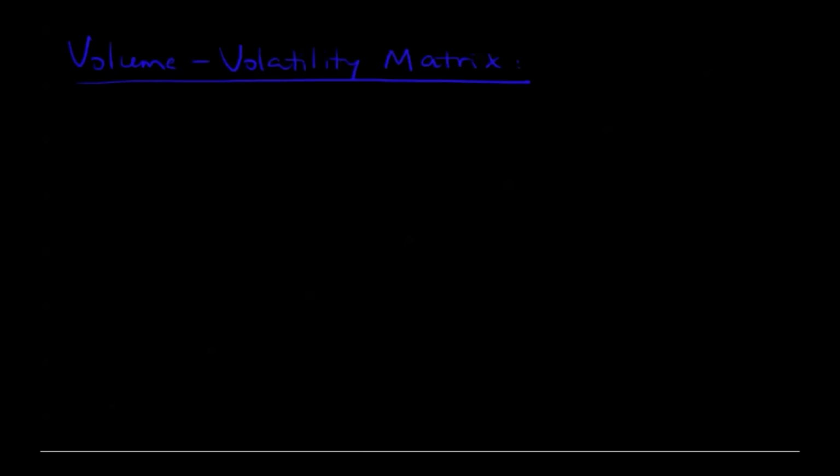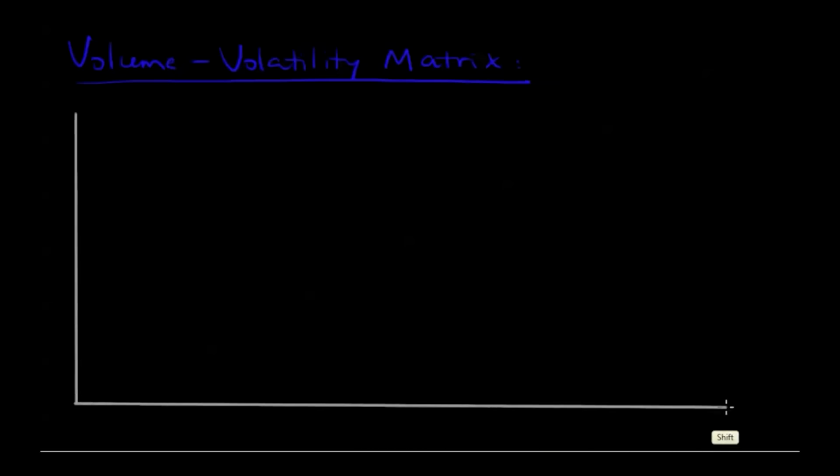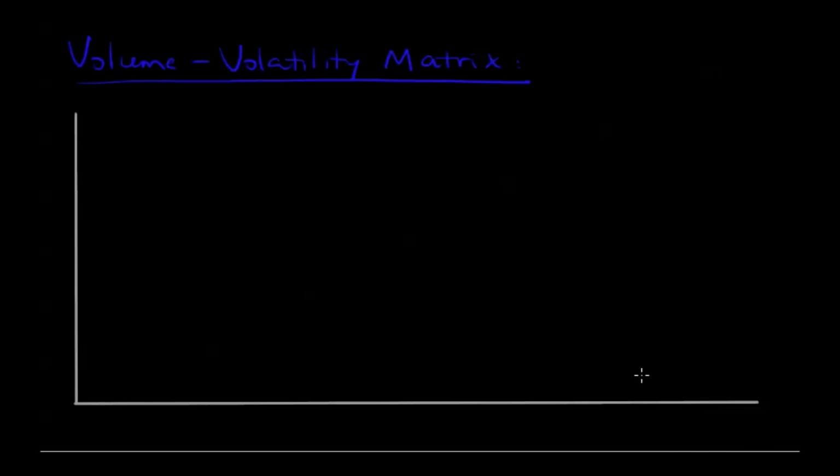So if we were to draw a very simple chart here, basically something like this. We have this axis here, and then another axis at the bottom. Try and make that big so we have enough space to write. And then in the center, we're going to draw across here.